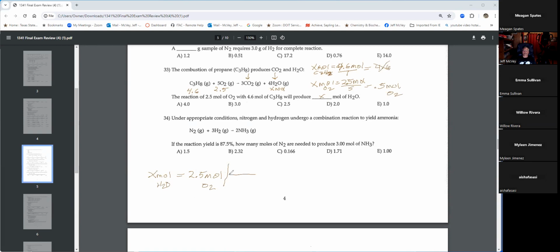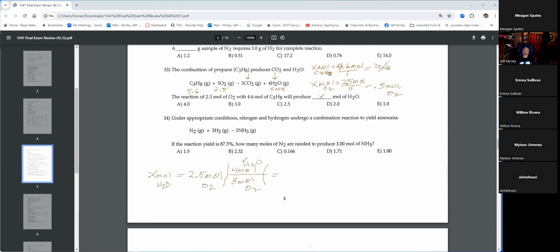The only conversion I have is the mole to mole ratio. I can make 4 moles of H2O from 5 moles of O2.